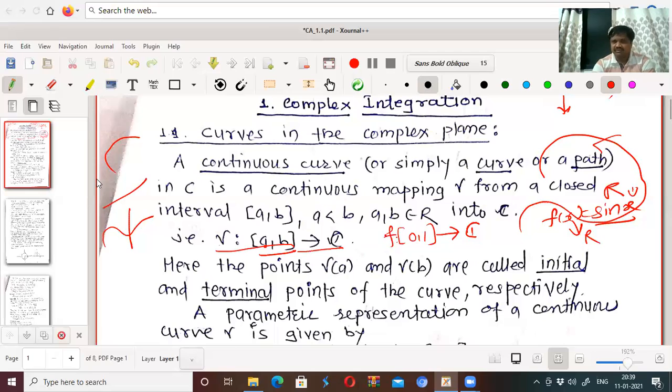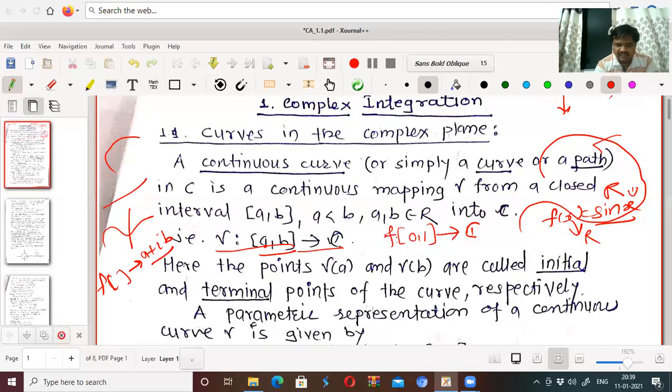So a continuous mapping from closed interval to complex plane is called a continuous curve. It is of this type. Okay. So gamma of closed interval 0 to 1, gamma of 0 should be something in complex number. It should be a plus I into b.